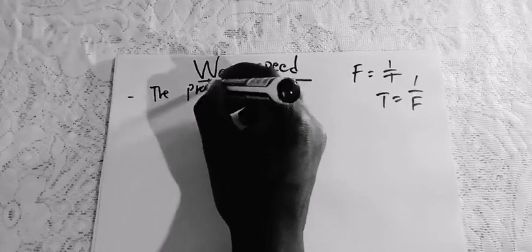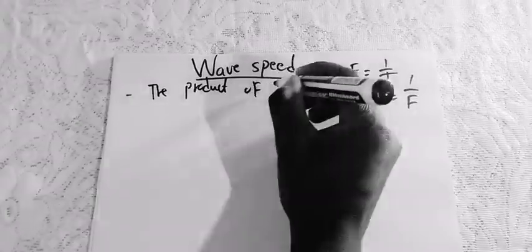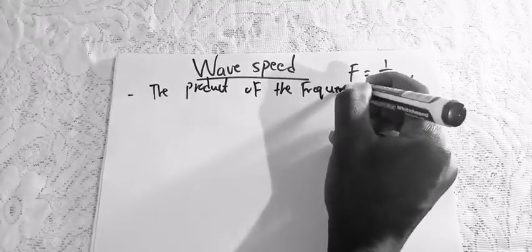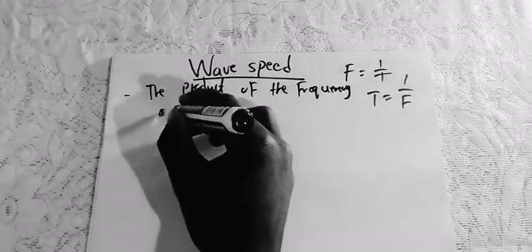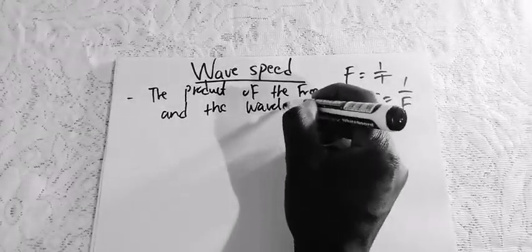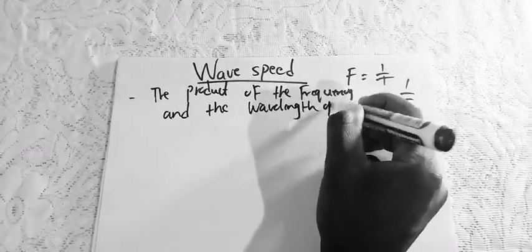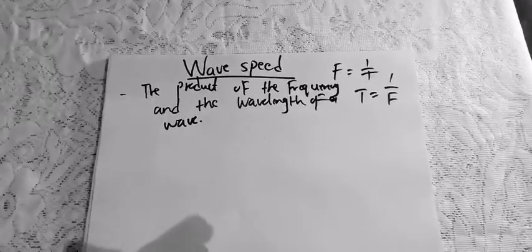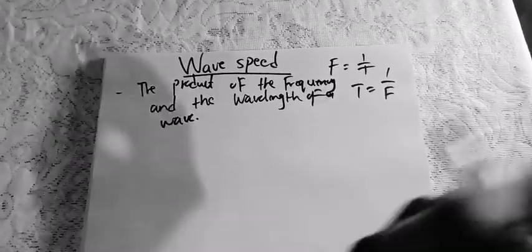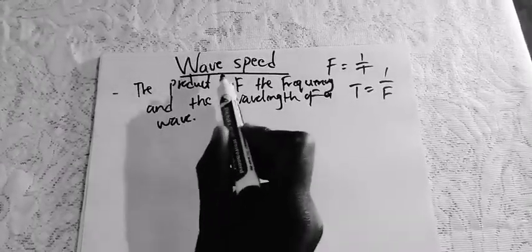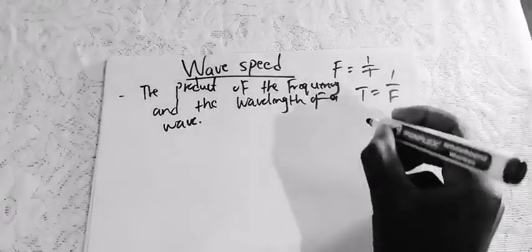The wave speed, by definition, is the product of the frequency and the wavelength of a wave. Remember, we get a product by multiplying.